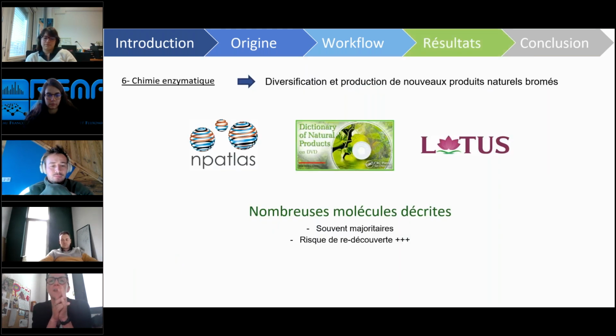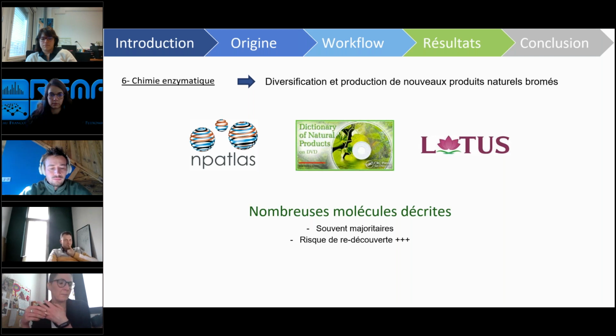Because if you look at the different databases of natural products at the moment, I just picked up some of them, like Natural Product Atlas, Dictionary of Natural Products, or even Lotus, you have a lot of molecules that have been described. At the moment, there are more than 300,000 compounds described in the literature.